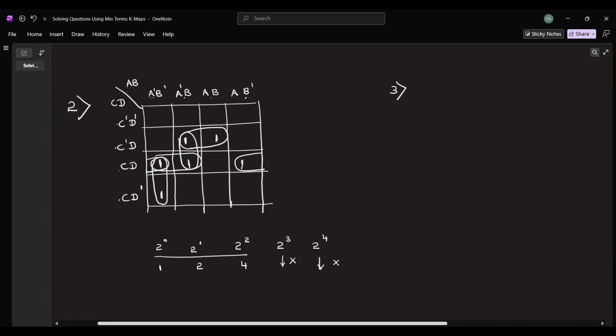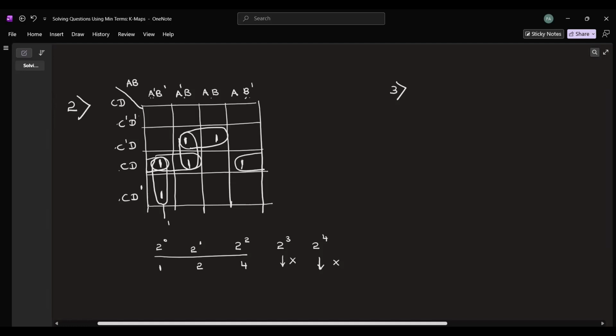Since we don't have other ways like 4 or 8 or 16, we have to only group using twos, and we have to cover every single one on the K map, and that we have done. So there are totally 4 groups.